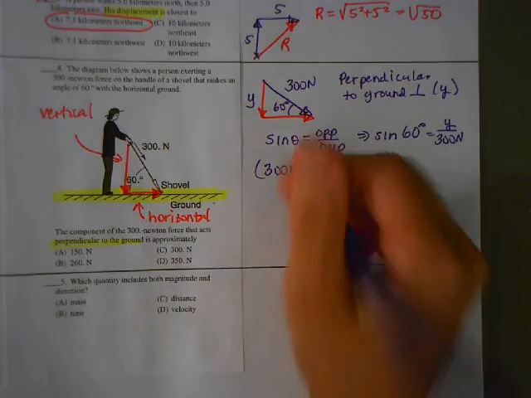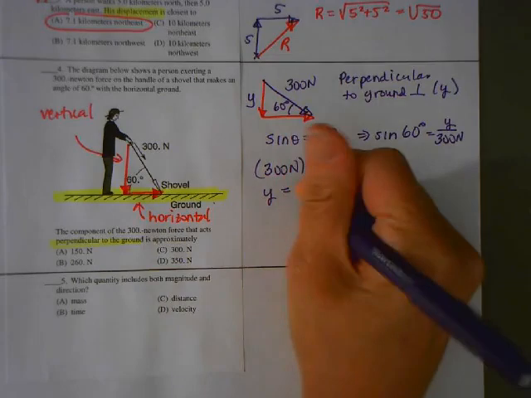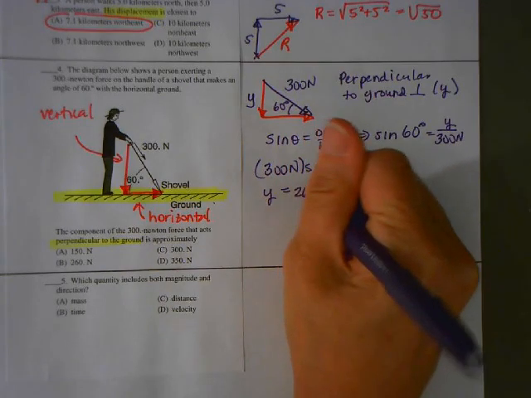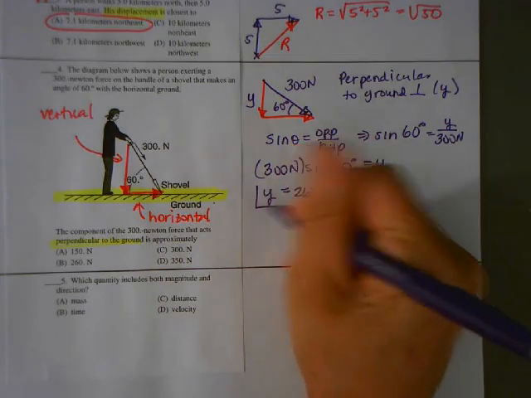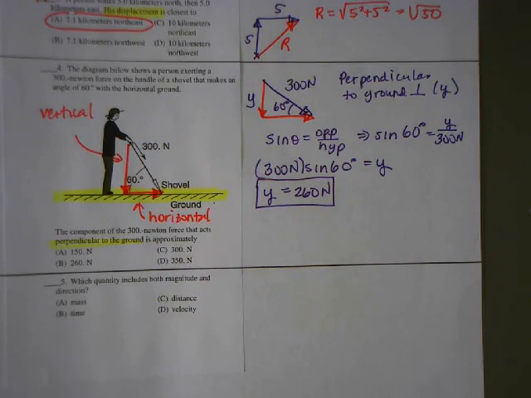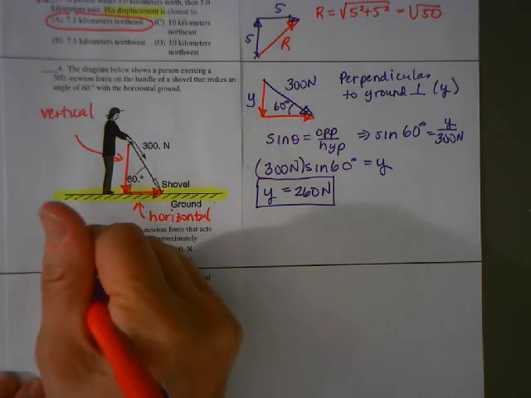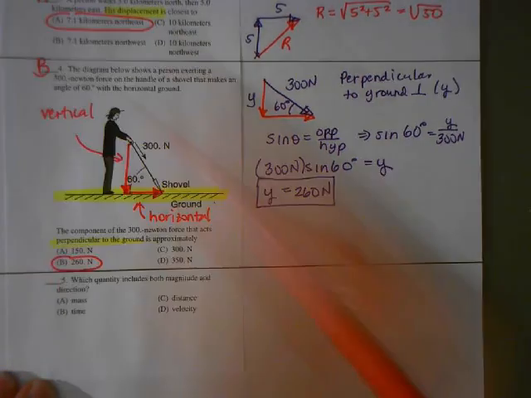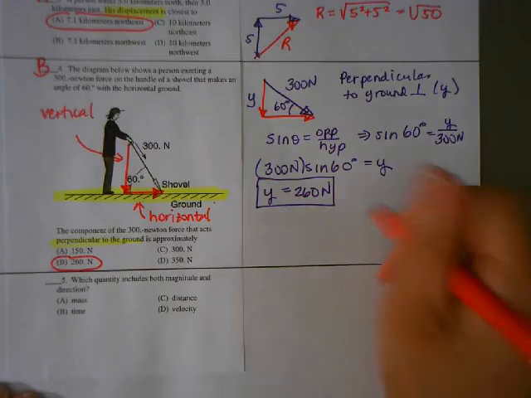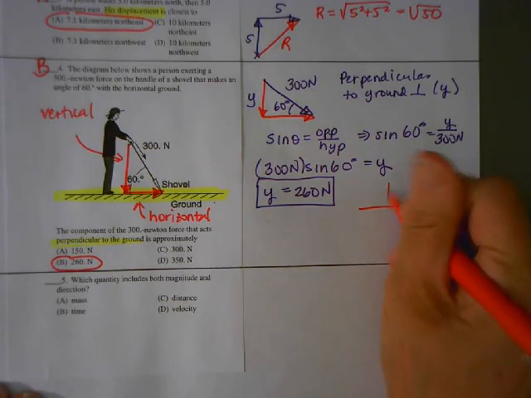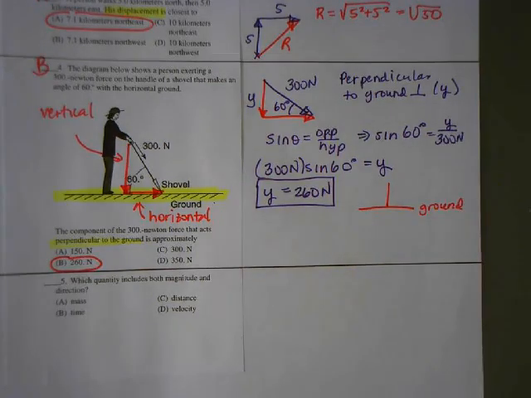So we're going to say that Y is equal to 260 newtons. So that's going to be choice B. And again, if we have the ground, this is perpendicular. Okay. All right, number 5.